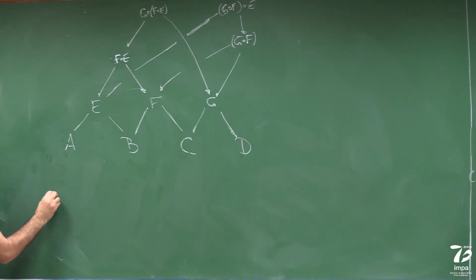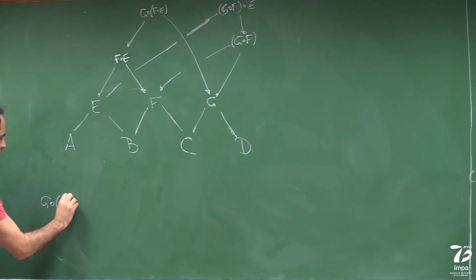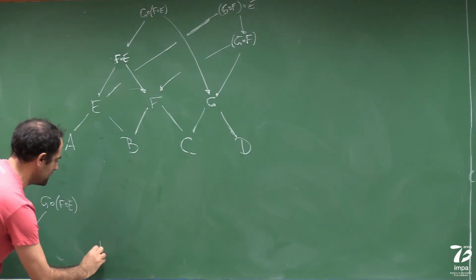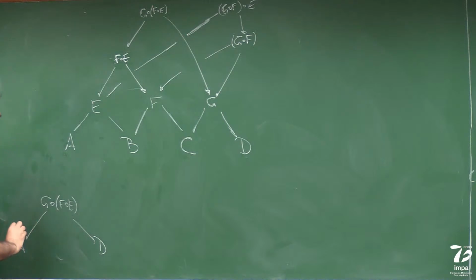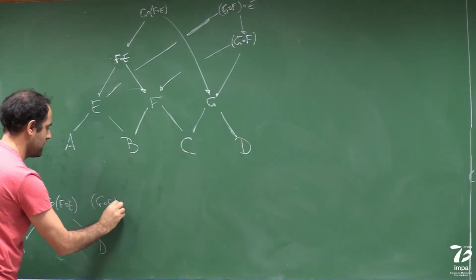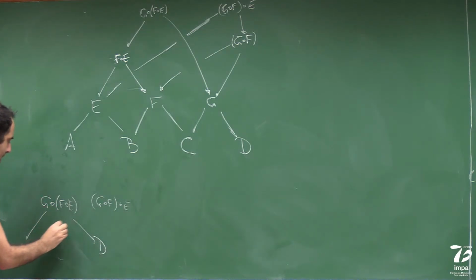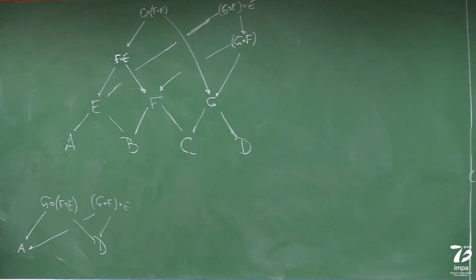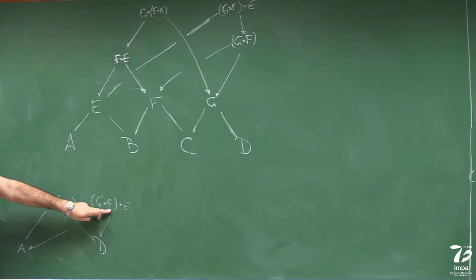So let's clean up all the clutter, and what we have is G, F, E, mapping to A, mapping to D, and I have some other G, F, E, mapping to A, mapping to D. And my definition that these two guys were the same map meant that they were equivalent modulo that equivalence relation.